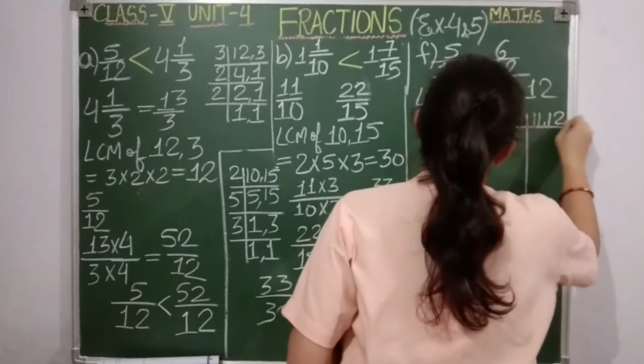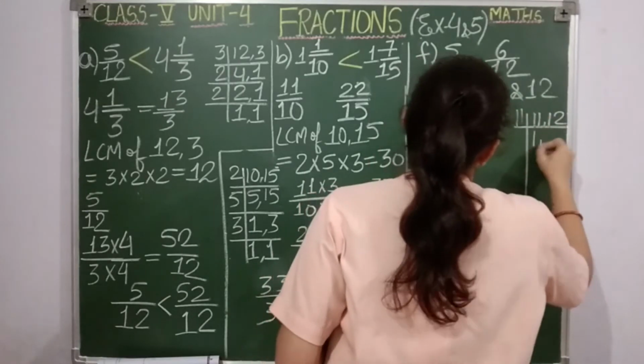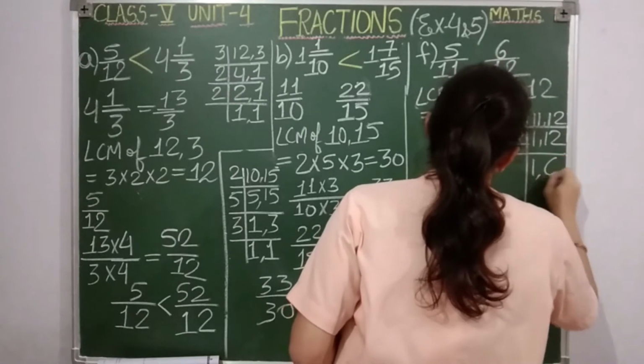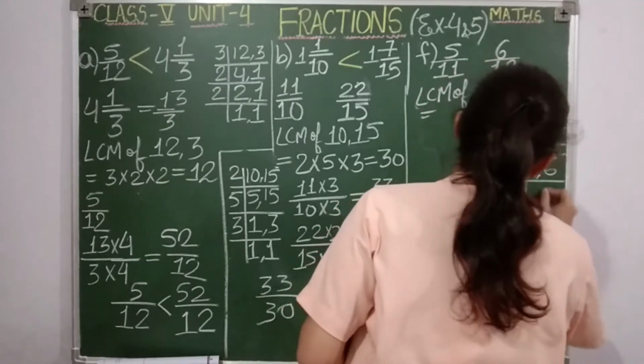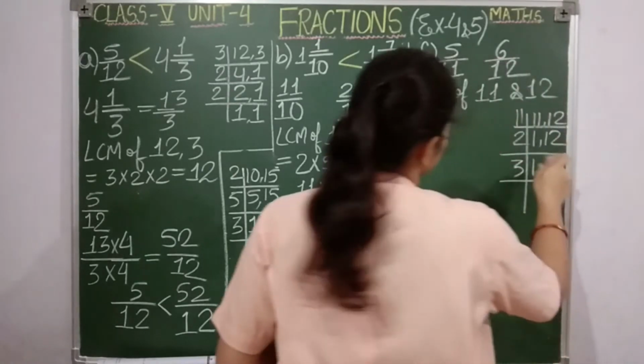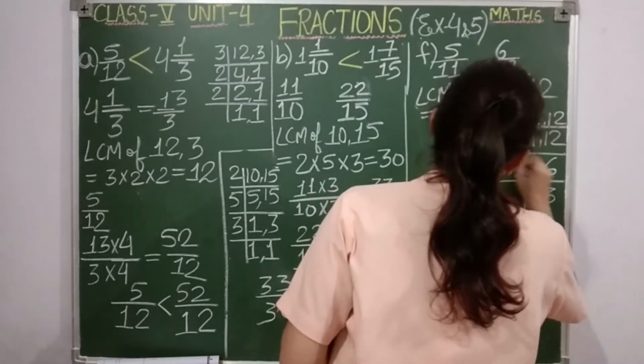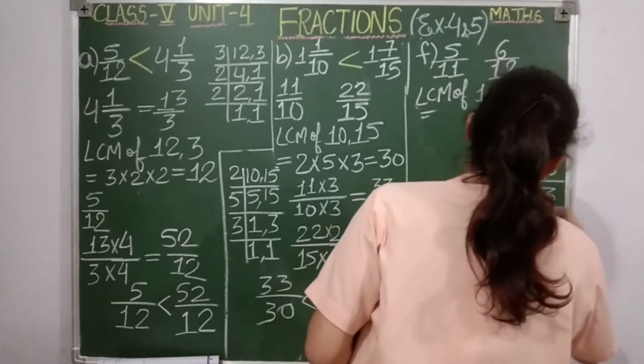11 12. 11 1s are 11, then 2 6s are 12, then 2 3s are 6, then 3 3s are 9.